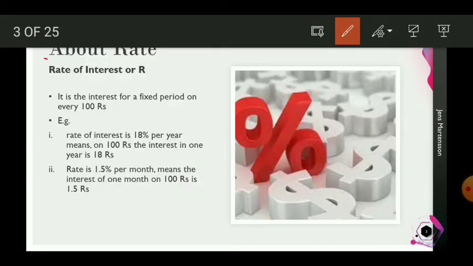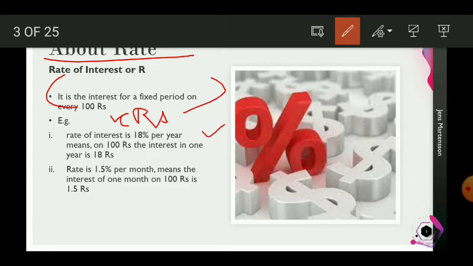Now let's see about rate. Rate is the interest for a fixed period on every 100 rupees, meaning on every x rupees. So if the rate of interest is 18% per year, what does it mean?